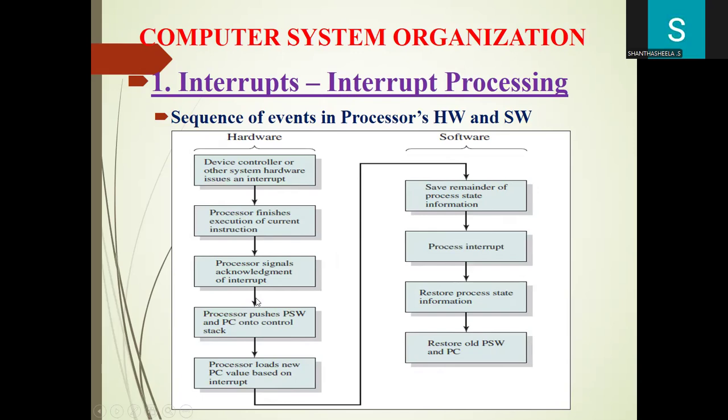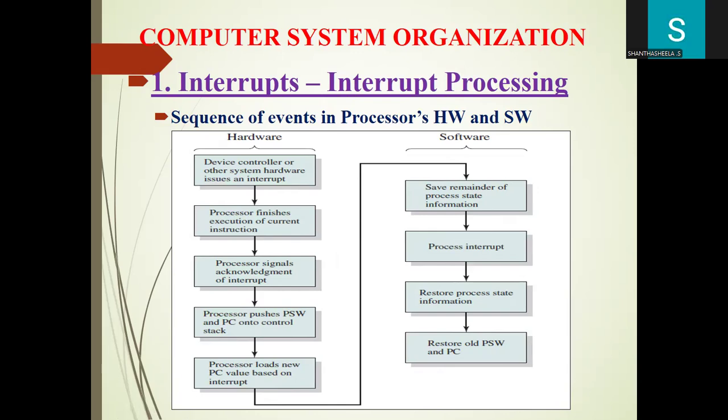Once the interrupt has been serviced, the processor has to resume its execution from where it stopped. For that, the address of the next instruction will be stored in the program counter, and the status of the process or program will be stored in the program status word.